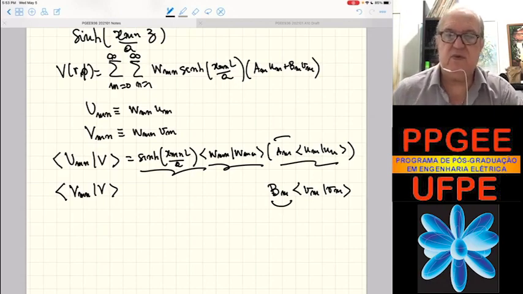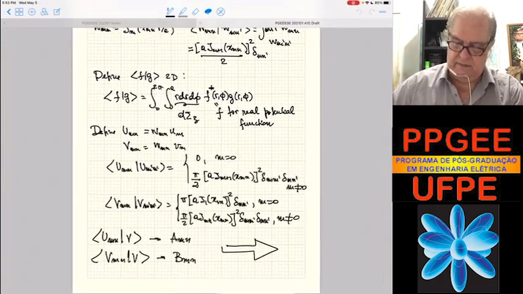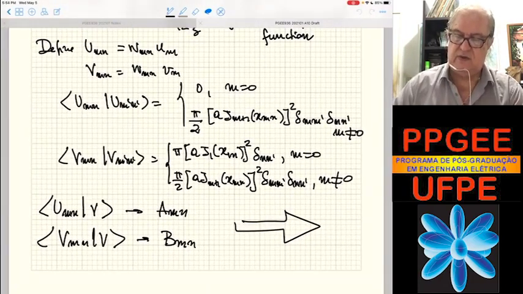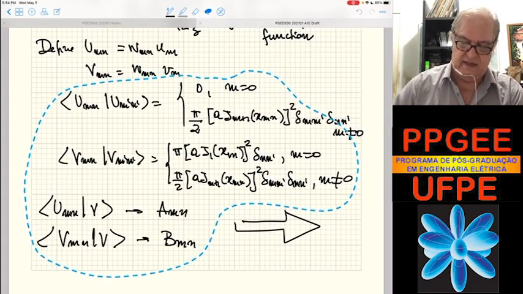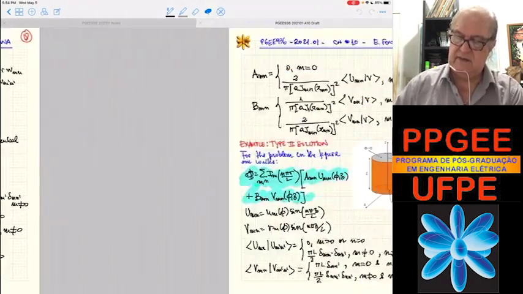So you have the solution outlined here. Use all those orthogonality conditions outlined here, so from this scalar product you find A_mn, from this one you find B. So here are the results.